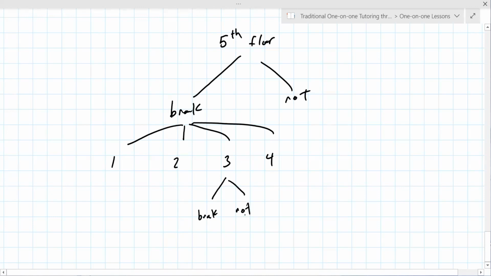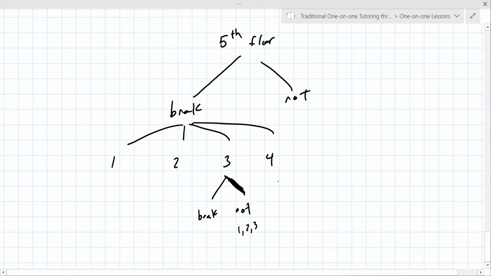If it does not break, but it did break on the fifth floor, what do you know? If you go down this path, it does not break at the third floor. We don't know anything about the fourth floor. We're not sure if that works or not. We just know that it didn't break on the first floor, the second floor, I guess. We can then say for sure that 1, 2, and 3 are good.